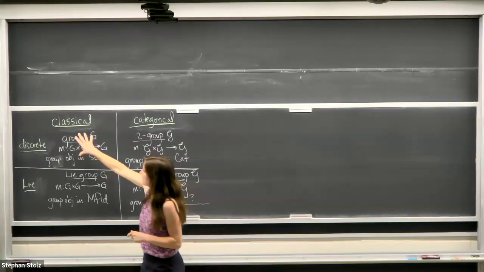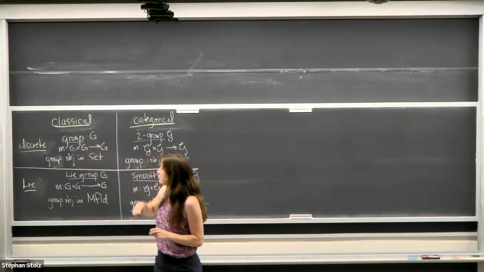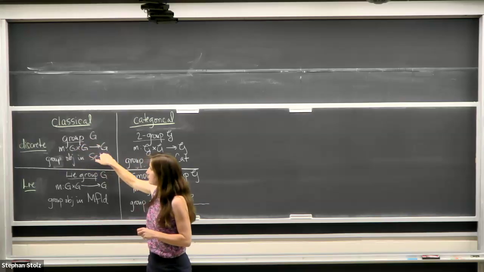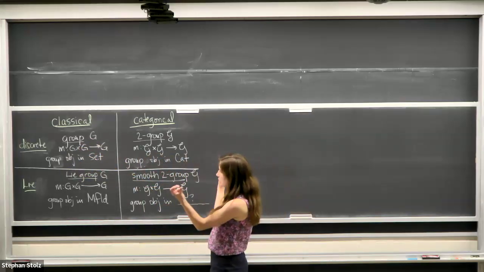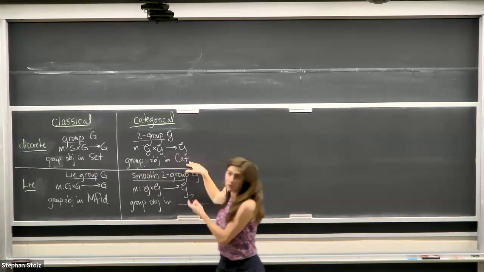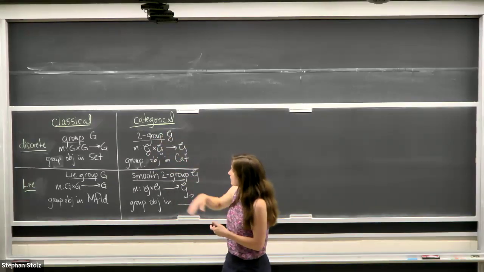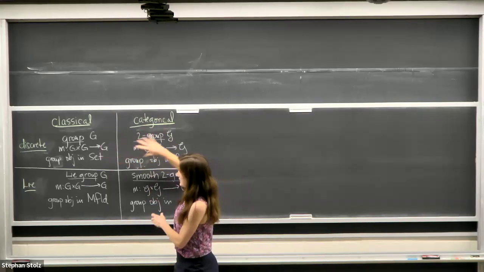Going from classical to categorical, you start with things that you're familiar with from undergrad. A group is a set with a function of sets, a group object in sets. What we've done is we've categorified this. We're now looking at a group object not in the category of sets, but in the two category of categories. So a two group is going to be one of these categories, and then the multiplication is not a function, but a functor. Okay, so that's what we've described so far.